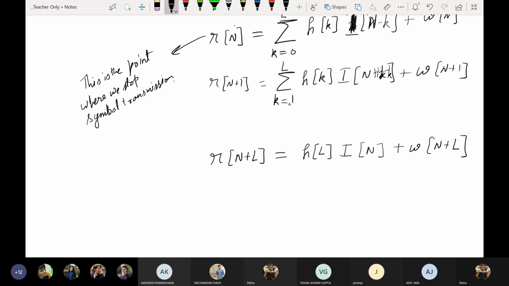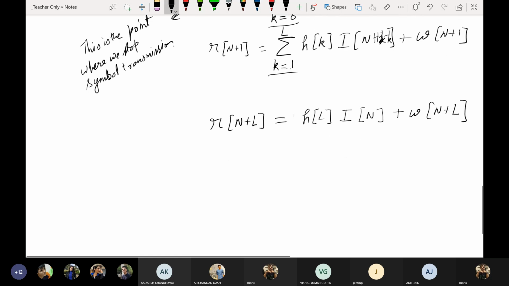That's why n plus 1 starts from k equals 1. This is k equals 1. This is k equals 0. And for once, this is not an error. Fine. Great.